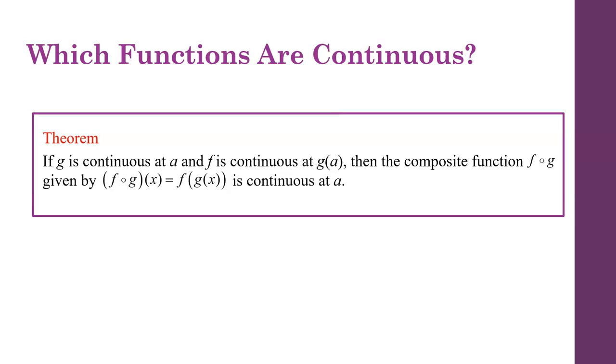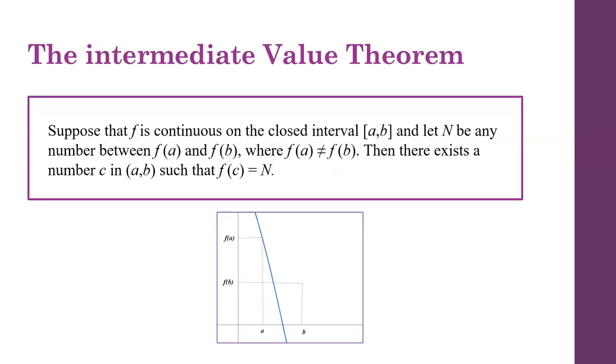Okay, and the last thing we're going to look at here is the intermediate value theorem, right? And the intermediate value theorem says that if f is continuous on a closed interval a to b, so here I have a function and it's continuous from a to b, and we let n be any number between f of a and f of b.